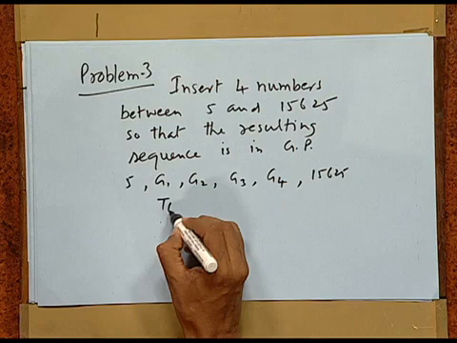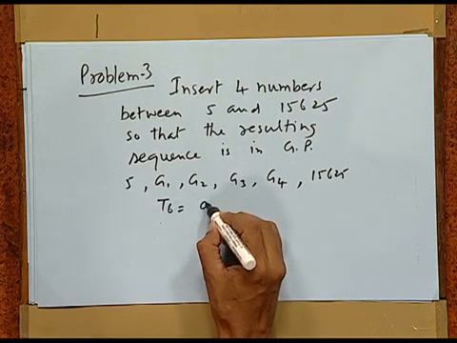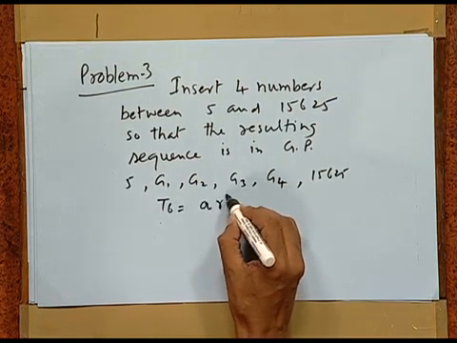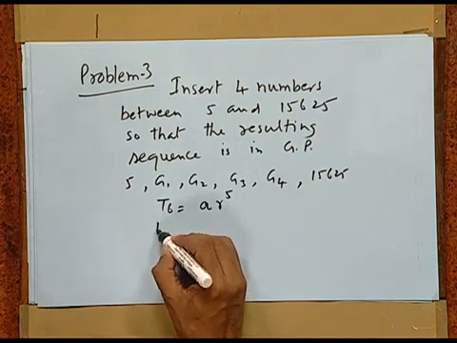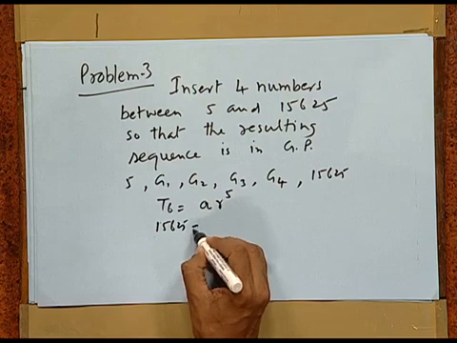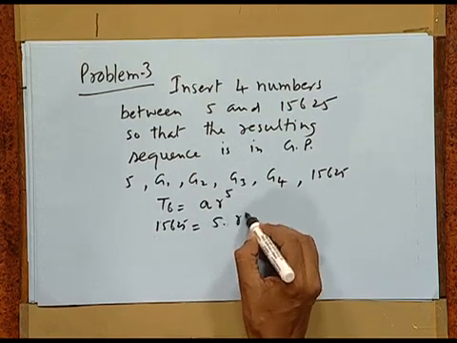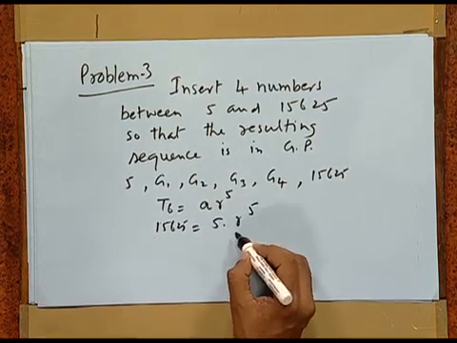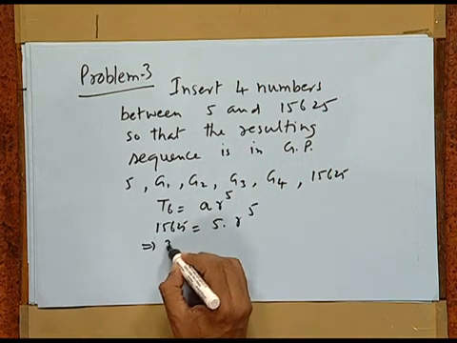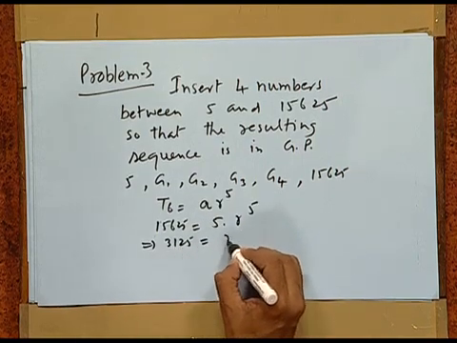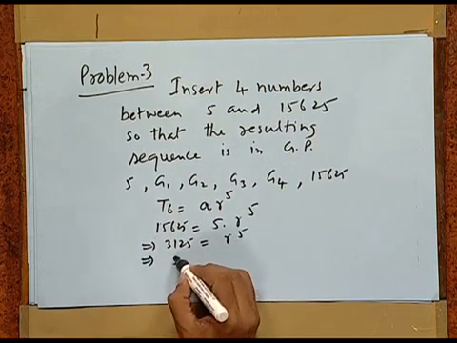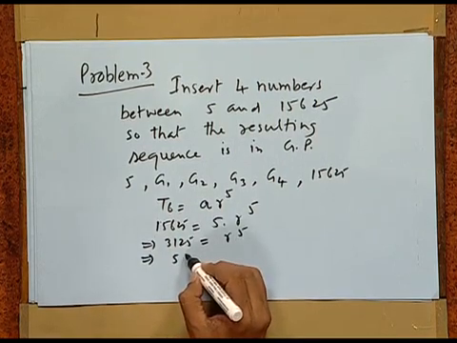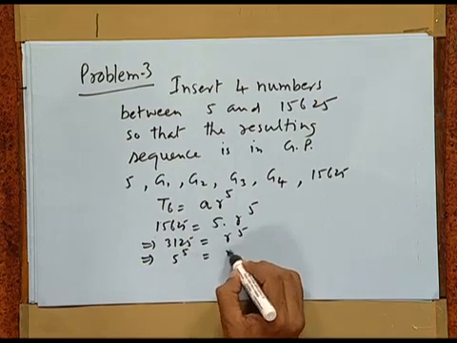So, we have T6 is equal to a times r raised to power 5, so that 15,625 is 5 times r raised to power 5. This means 3125 is r raised to power 5, but 3125 is 5 raised to power 5.